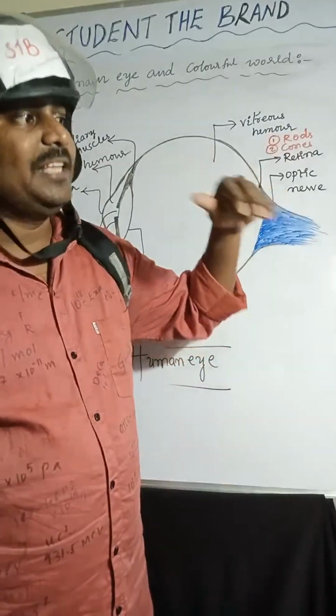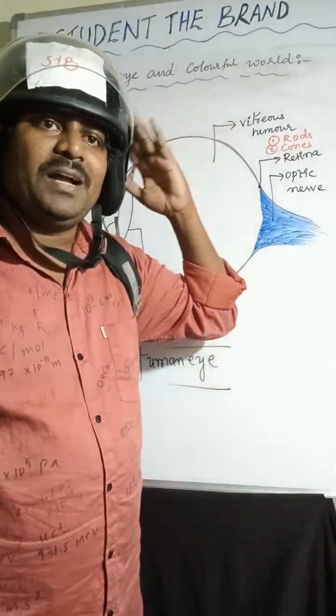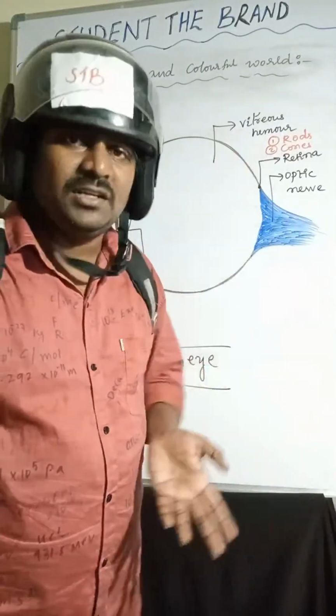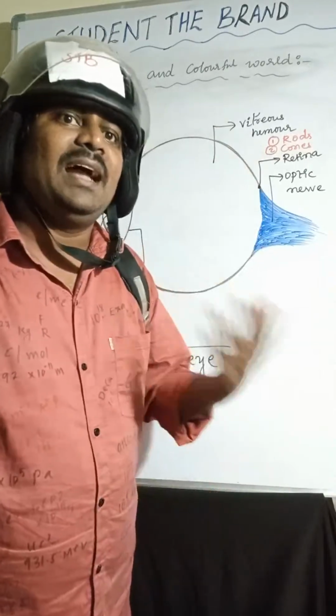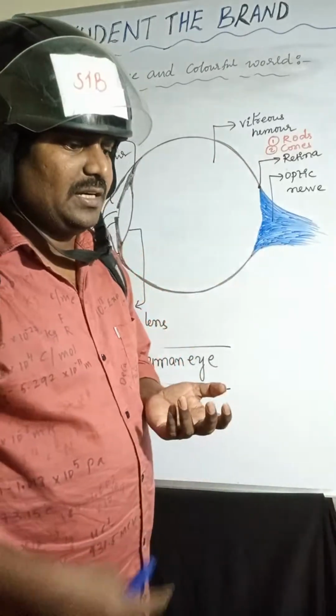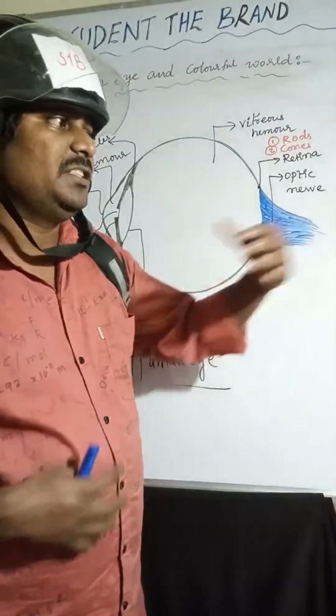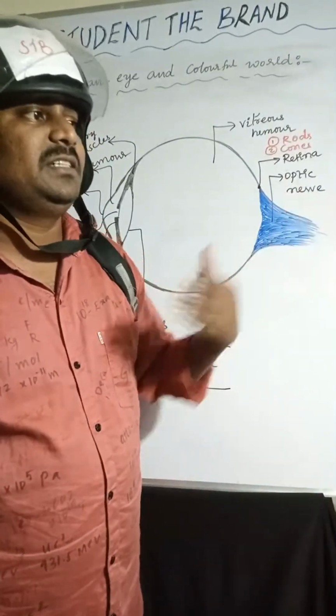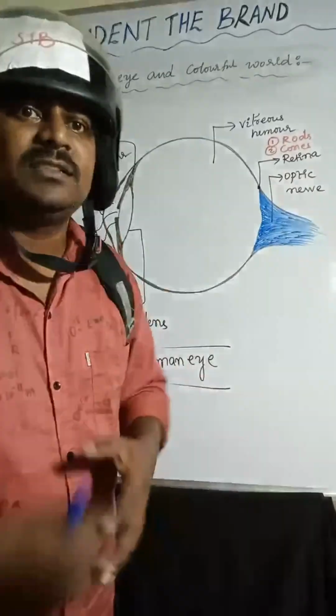The brain adds additional information, that is how much depth it has, how much height, how much distance, how far it is.